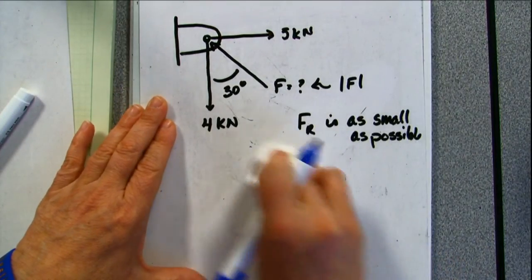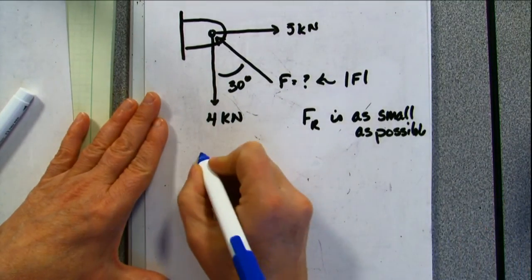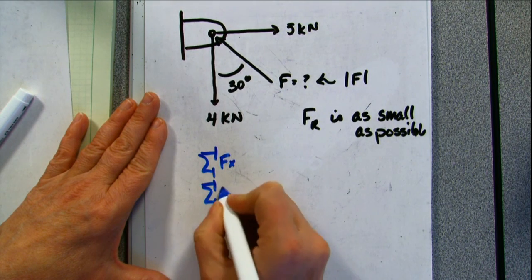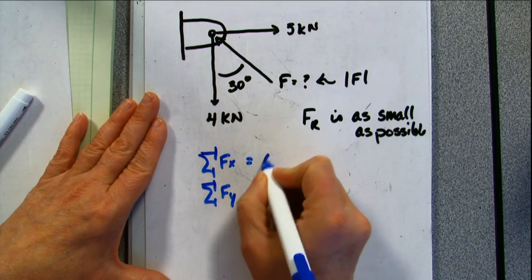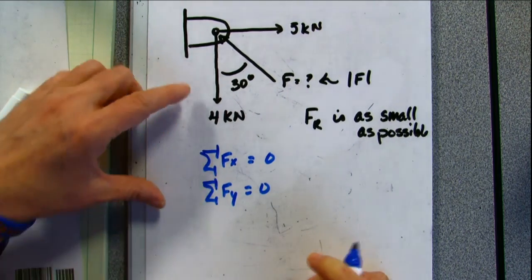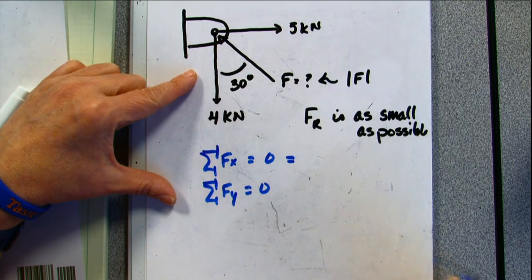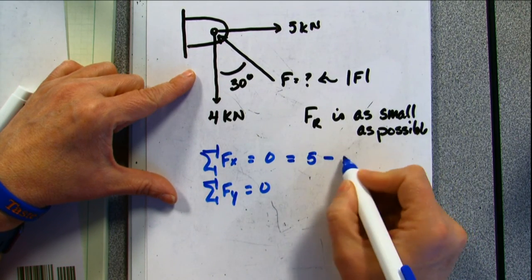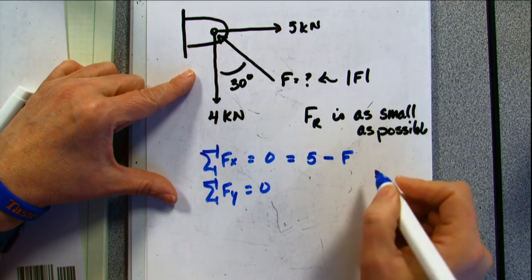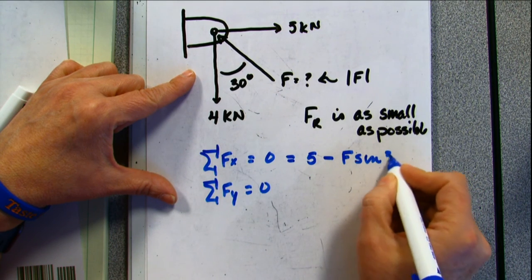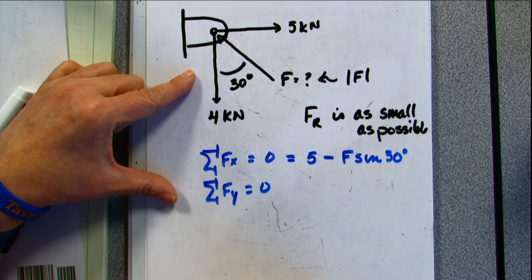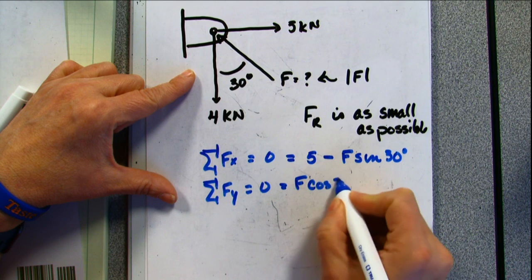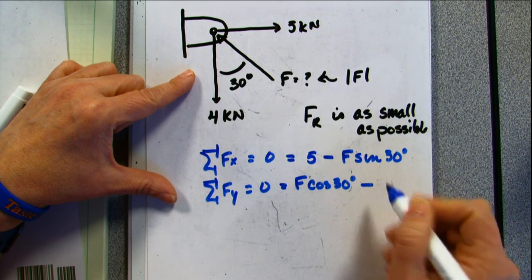So the first step is to find the resultant force. What we know is that the sum of the forces in the x direction and the sum of the forces in the y direction all have to equal 0. So the sum of the forces in the x direction is my 5 minus f sine of 30 degrees, and this one is going to be f cosine 30 degrees minus 4.